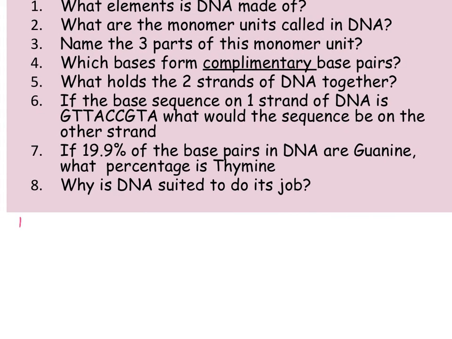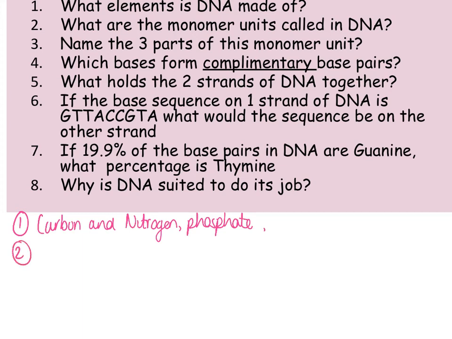Okay, so let's go through the answers. What elements are DNA made of? So mainly made up of carbon and nitrogen with phosphates. We've got the phosphate group. Okay, question 2. What are the monomer units called in DNA? They are called nucleotides.